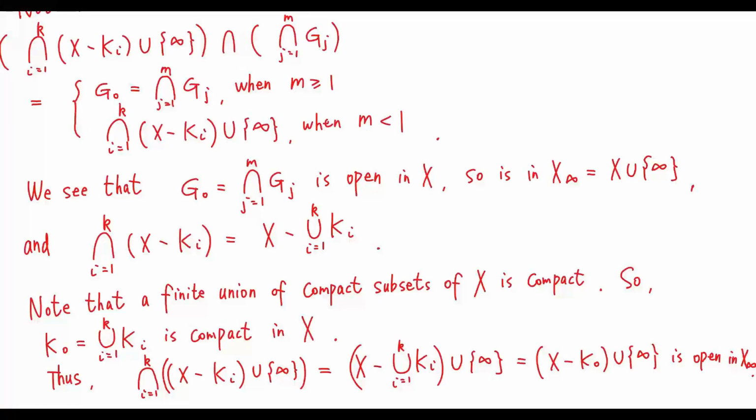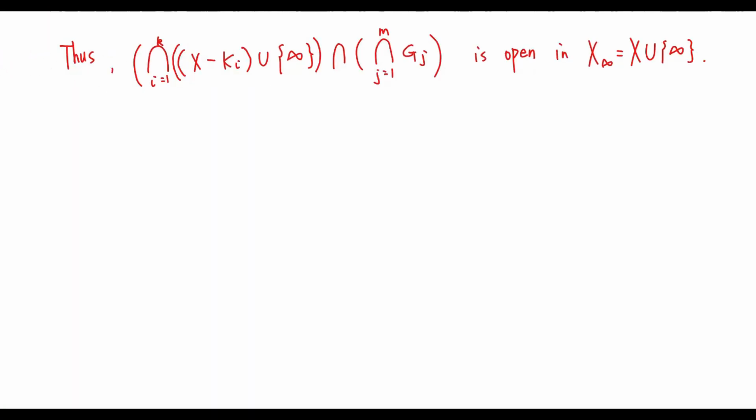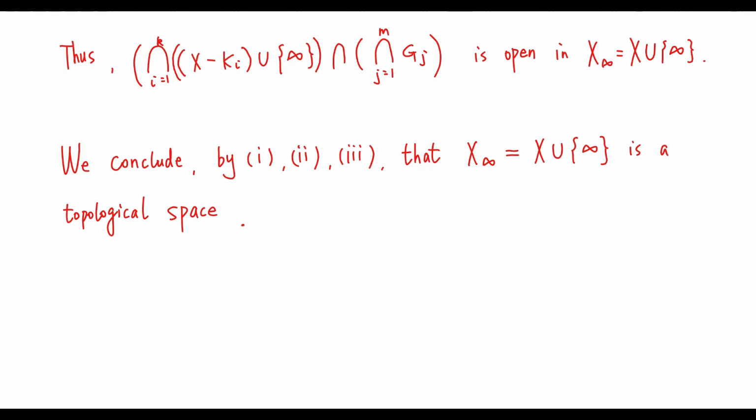So this intersection is open in X infinity. We thus conclude X infinity is a topological space.